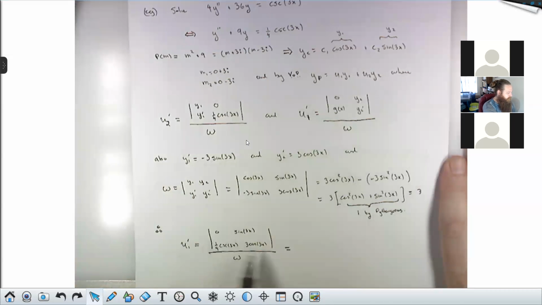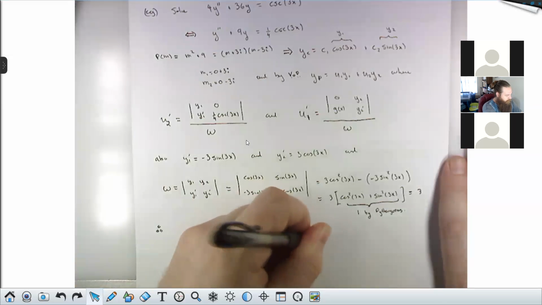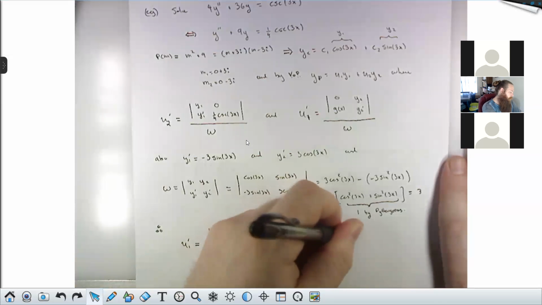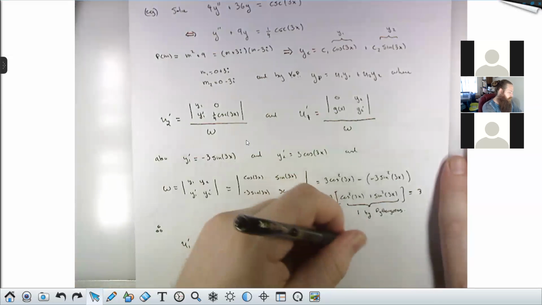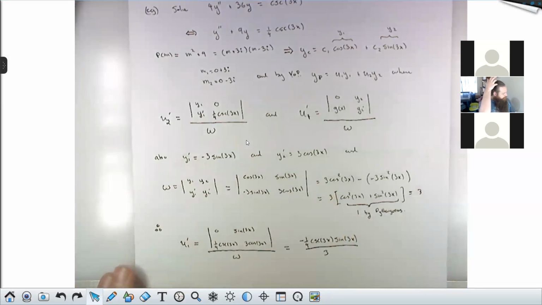So that's 0 times 3 cos 3x minus 1/4 cosecant 3x sine 3x. That's minus 1/4 cosecant 3x sine 3x all divided by 3. Now, cosecant 3x is the reciprocal of sine 3x.